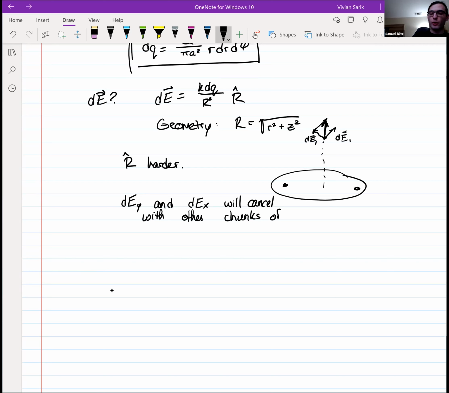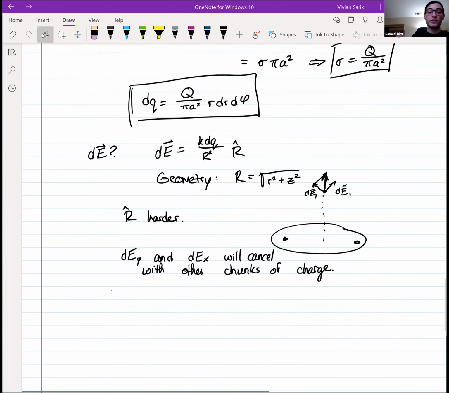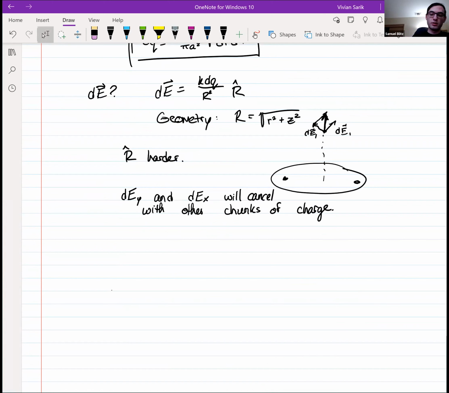So we only have to worry about the z direction. That's the trick. And that's what makes this problem doable, and so it makes it a lot easier. The short version of a long story is we only need dE in the z direction, because all the other components are going to be 0 anyway once we add everything up.